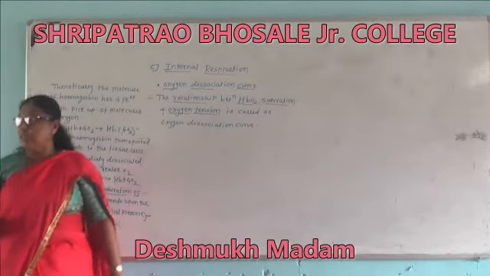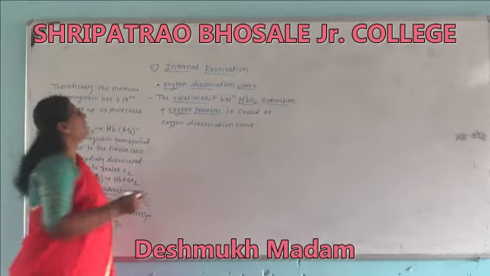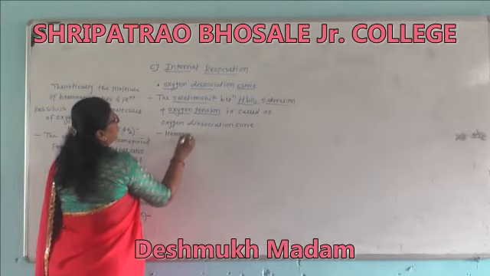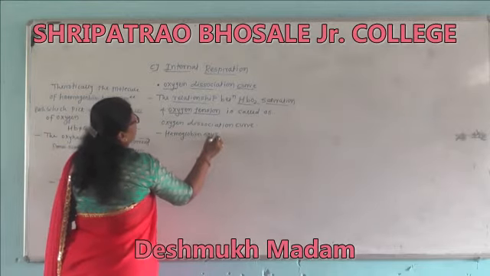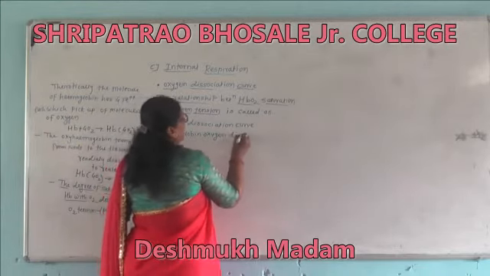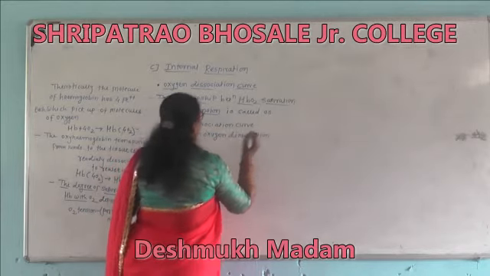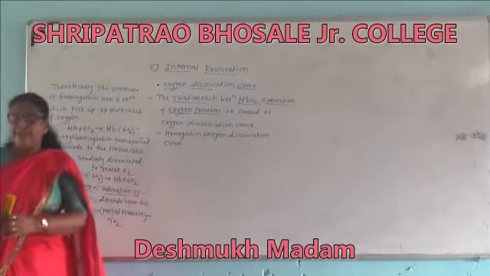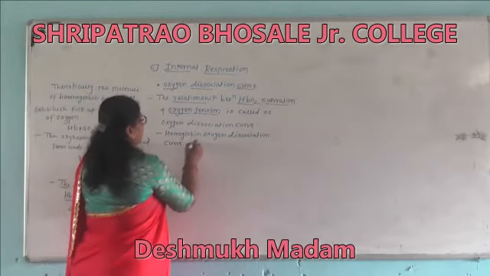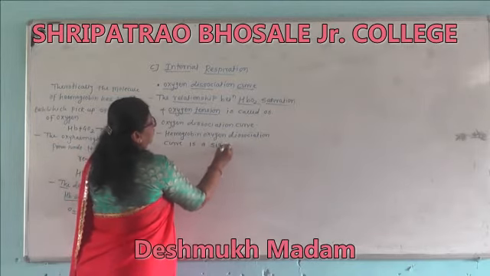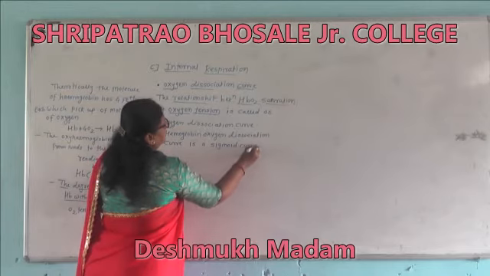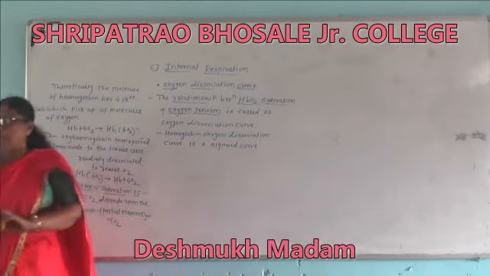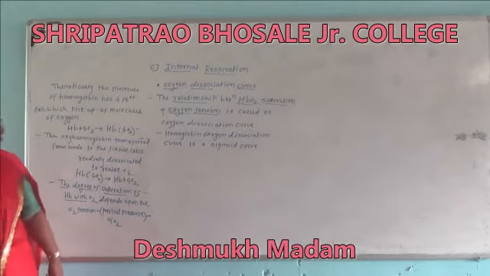The hemoglobin oxygen dissociation curve is a sigmoid curve.